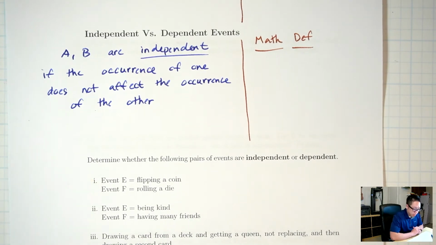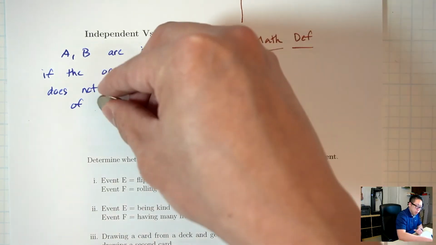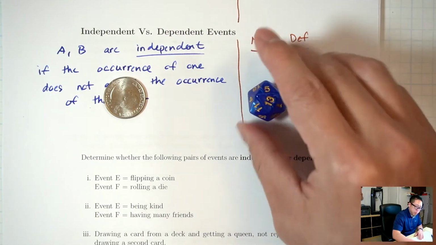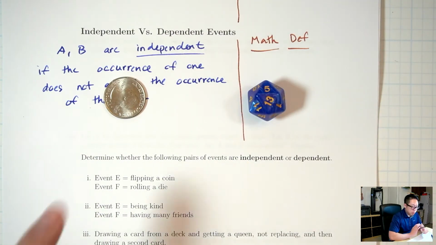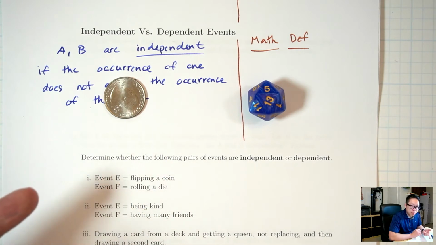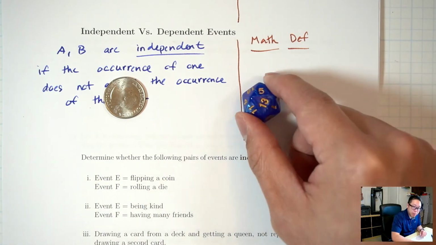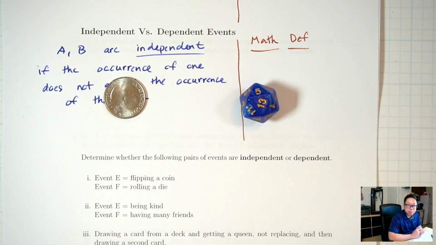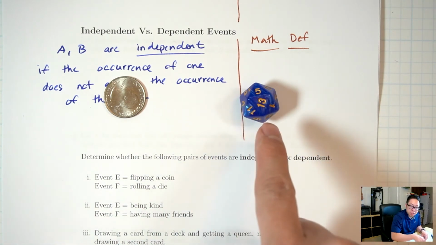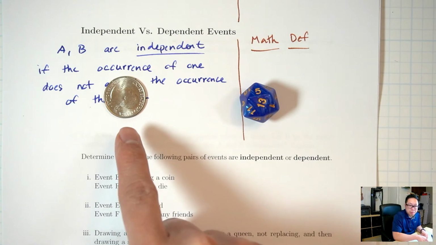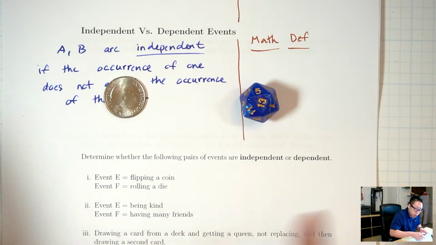First one, flipping a coin, rolling a die. Here's a coin. Here's a die. So if I flip a coin, does what happens when I flip a coin affect what happens when I roll this die? No, it doesn't, right? So who cares? This die doesn't care what happens with the coin. So they don't affect each other at all.